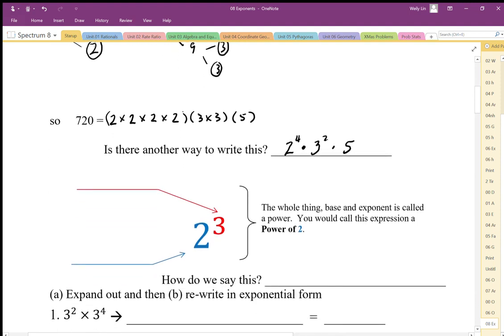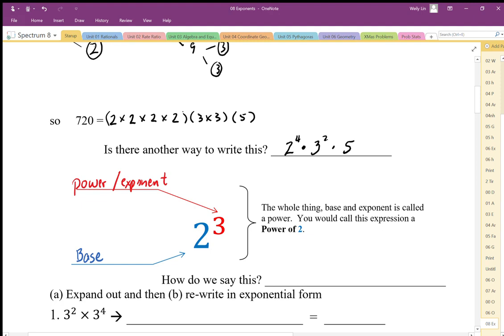So an exponential expression basically has 2 parts. Okay, it has a base. The bottom is called the base, and this is our multiplier. So the base 2 here means we're multiplying by 2. And the top part is called the power or the exponent. So we can say this is 2 to the power 3, or we can say this is 2 exponent 3.